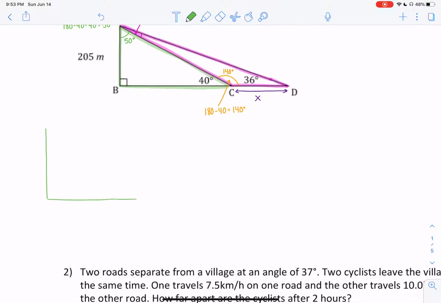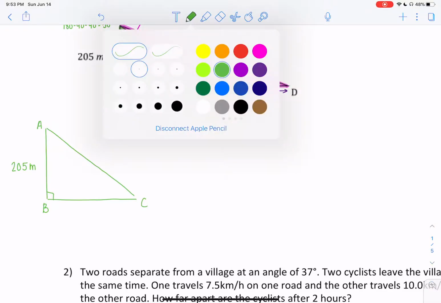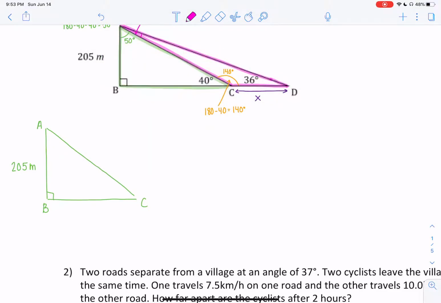And again, anytime you're drawing your own diagram, be mindful that it will not be to scale. So just do the absolute best you can. But if it's not to scale, it's probably because your drawing is a little off. So don't stress about that. So that's our first triangle, and then our pink triangle looks something like this.